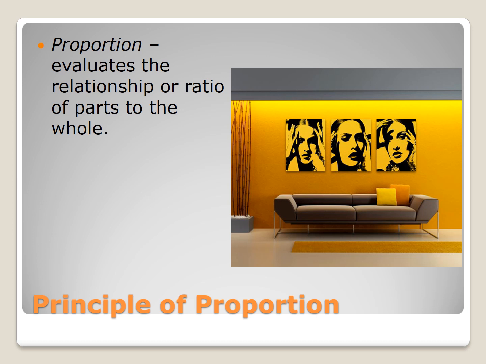As you see in this picture, everything looks really clean, crisp, and nice, but it may look a little out of place if that couch had really long legs, or if the couch was really, really tall and covered up half of the pictures, it would not set up the proportions of the overall scene of what we're seeing. So you want to make sure that not only are things scaled to where they work with each other, but also that the individual objects themselves look like they work with each other as well.